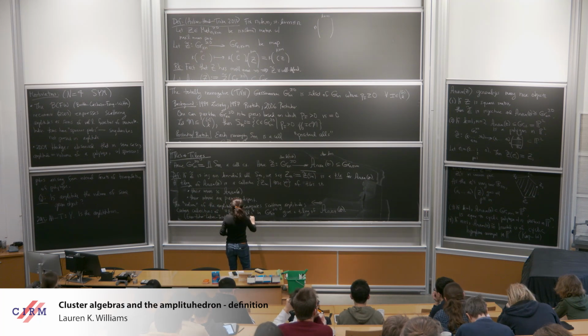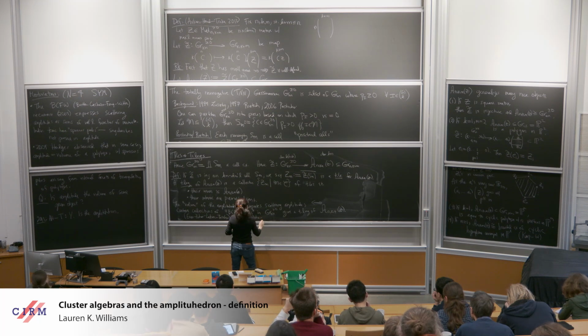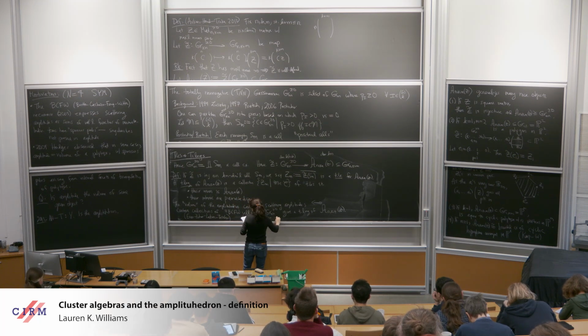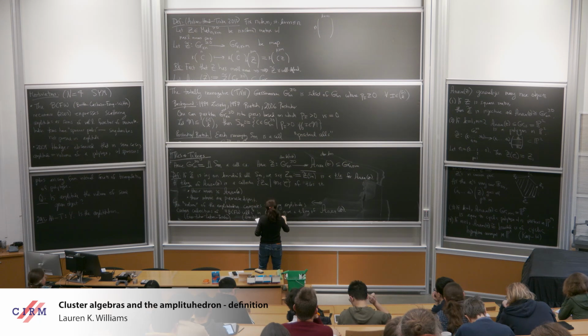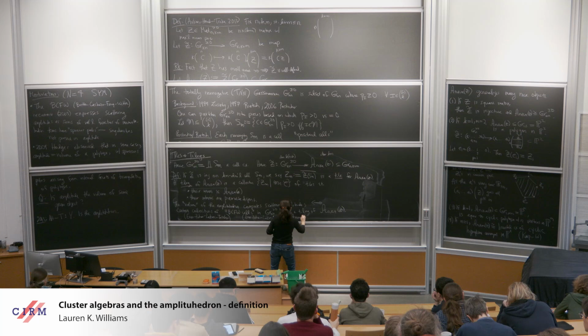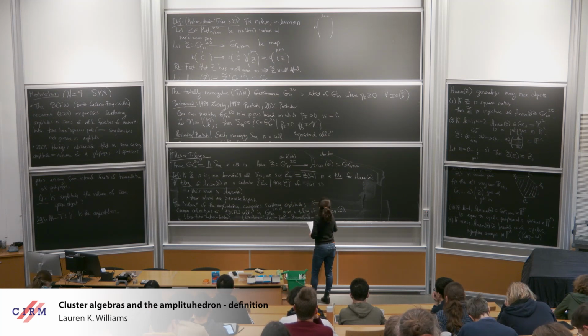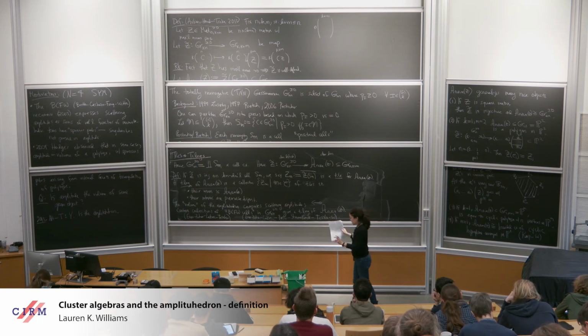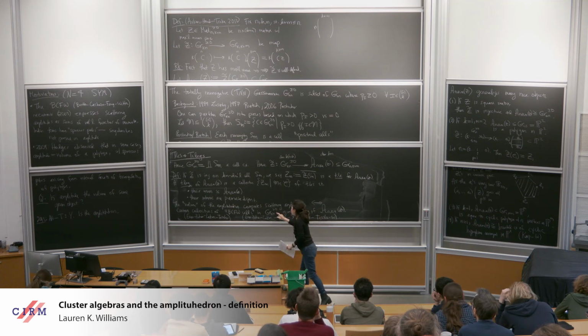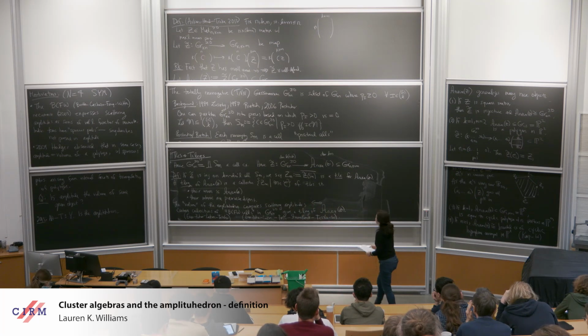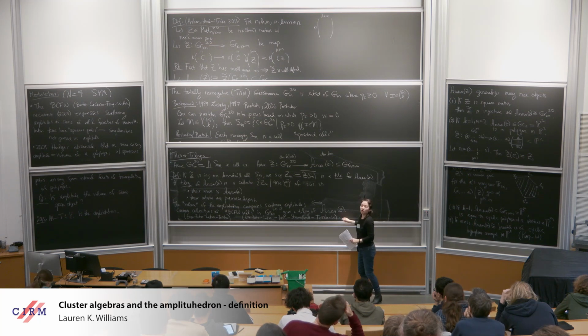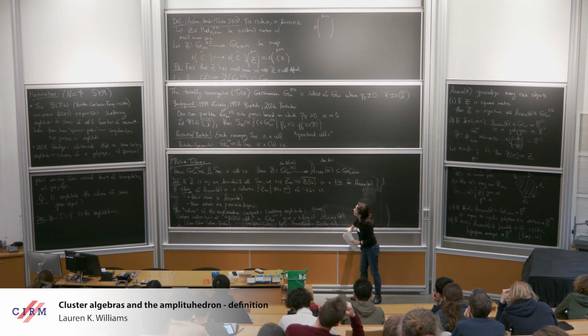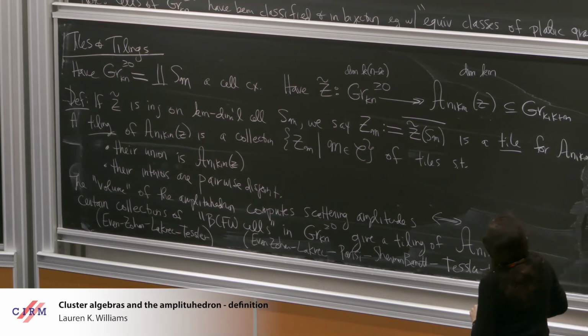And then in recent work with Matteo Parisi and Melissa Sherman-Bennett, we showed that all conjectural BCFW collections of cells in the TNN Grassmannian actually do give tilings of the amplituhedron. I'll say more about this in my third lecture, but not any more about it today.